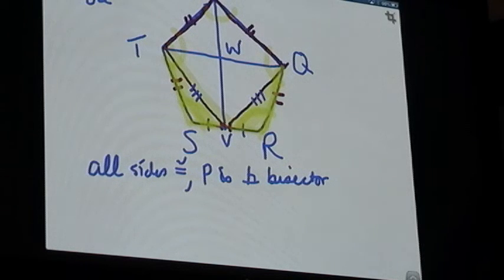Two of the points on PV are on the perpendicular bisector. TV is equidistant from VQ, and TP is equidistant from PQ. Or P is equidistant from T and Q, and V is equidistant from T and Q. So that's your perpendicular postulate.